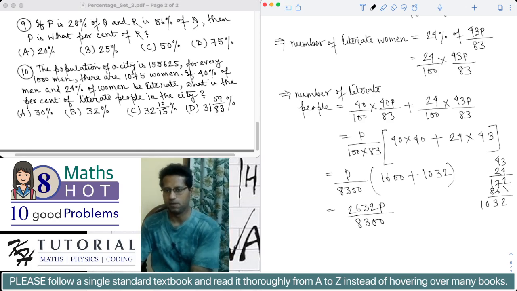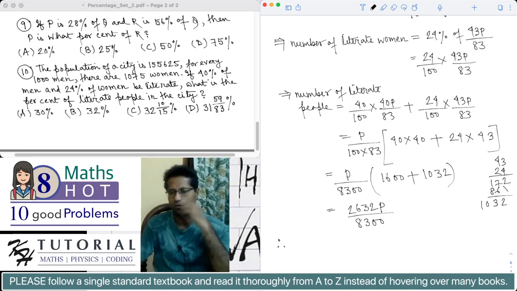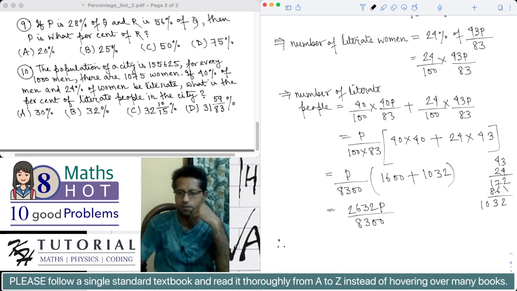Even though the value of p is given, we have to find what is the percentage of 2632p by 83,000 of p. The question has asked what is the percent of literate people, and we have found the total number of literate people is 2632p by 83,000.